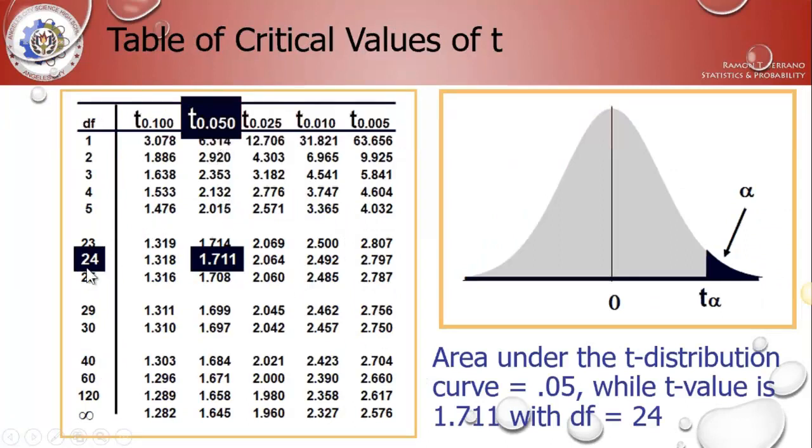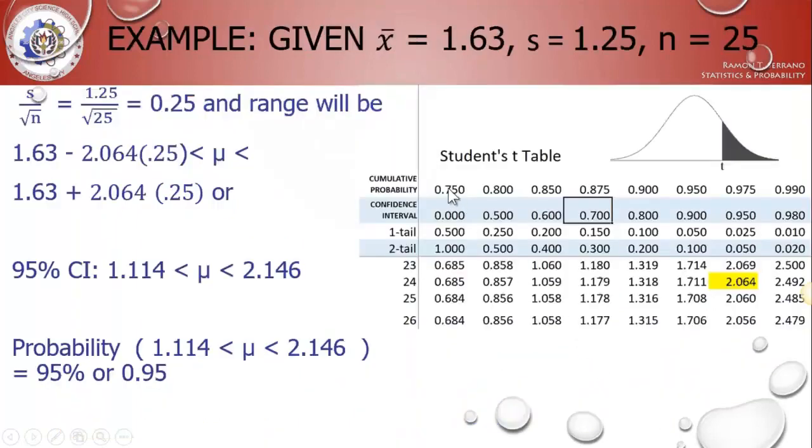And this is how you look at it. Let's say a 0.05 at 24 degrees of freedom, meaning to say, let's say n is equal to 25 minus 1, you get 24. Your t value will be 1.721 or 1.711. Okay? So let's have an example using that. Yung binigay ko sa table sa inyo, I already put there the confidence interval.